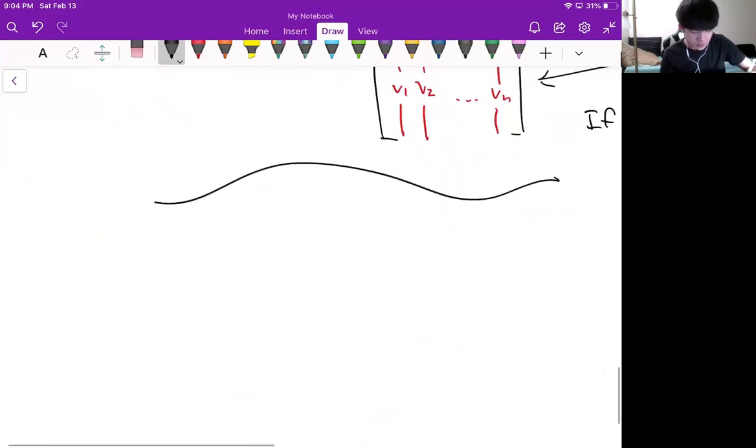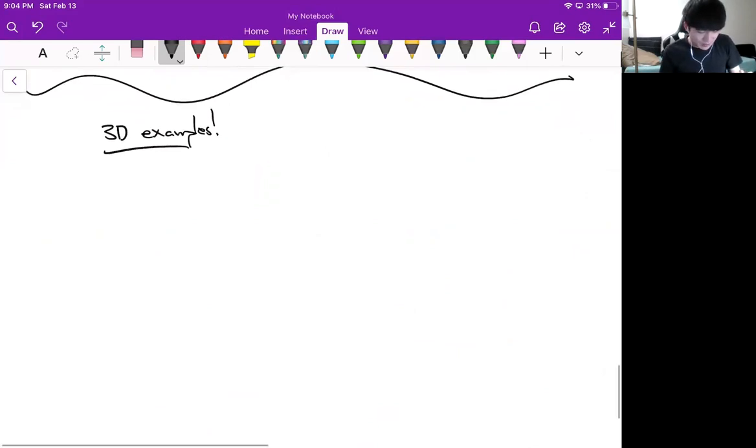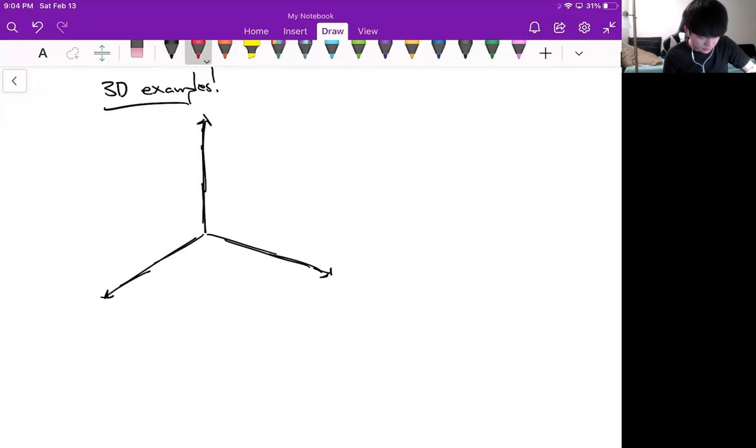Let's move on to 3 dimensions, because, well, our world's in 3D, and so there's not that much point looking at anything else. So, okay, let's look at the span of 2 vectors in 3D. Let's draw my little 3D space, and let's draw my 2 vectors.